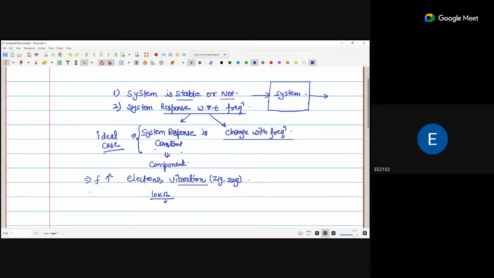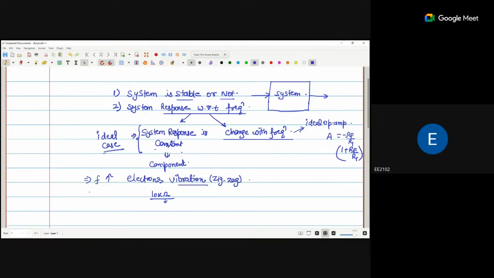So if I am talking about the ideal op amp, the gain A(s) is simply A, that is either minus RF by R1 or 1 plus RF by R1. In both cases it is constant because RF is constant and R1 is constant. That means A is constant; generally I take A because it is not a function of omega.